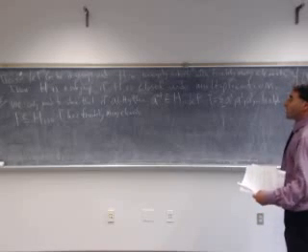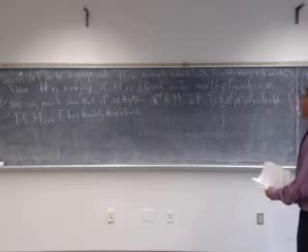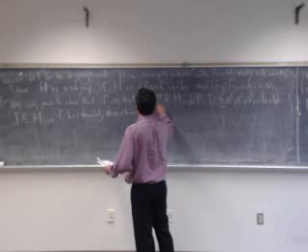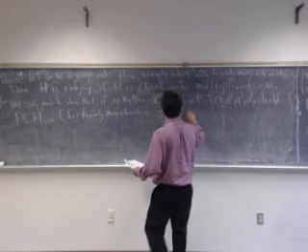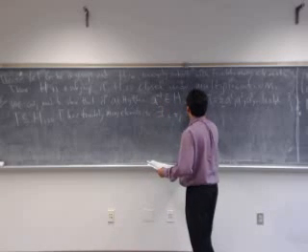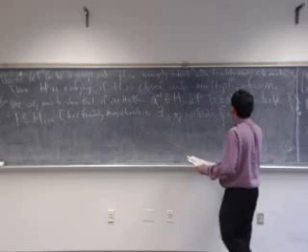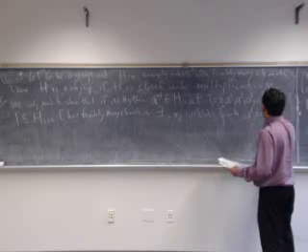So we have a subset inside H. H has only finitely many elements, so T must have only finitely many elements. So what this means is there exists an I not equal to J, I and J positive integers, with A to the I equaling A to the J.